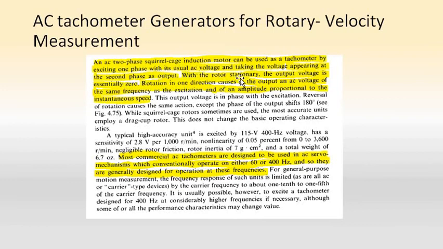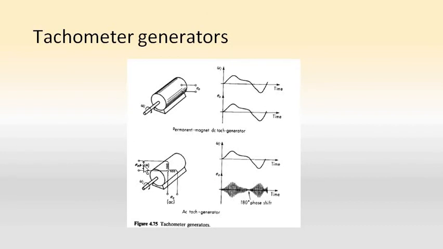And when the rotor is stationary, the output voltage is essentially 0. Here you can see there are two phases, and to this phase we are giving excitation, and from this phase we are taking the output. This is the rotation here, and this is what we need to measure.